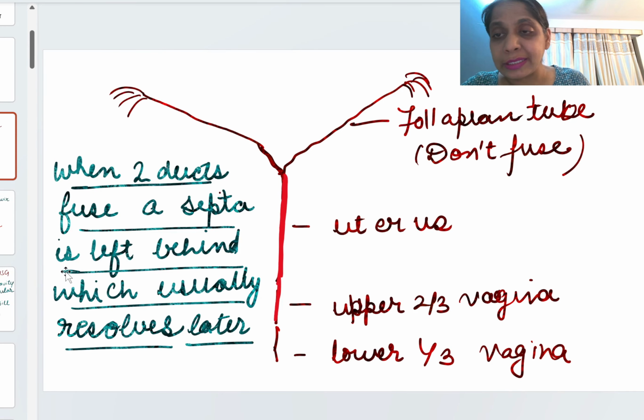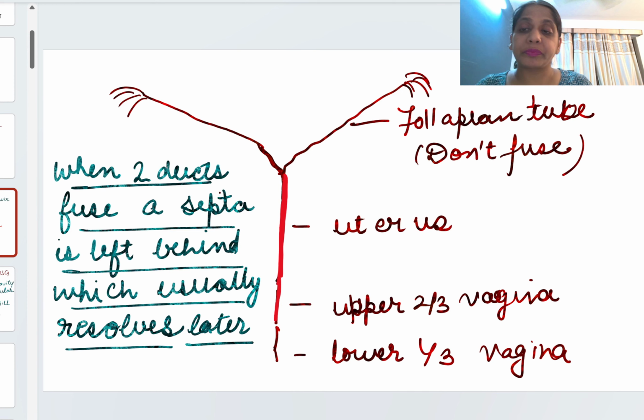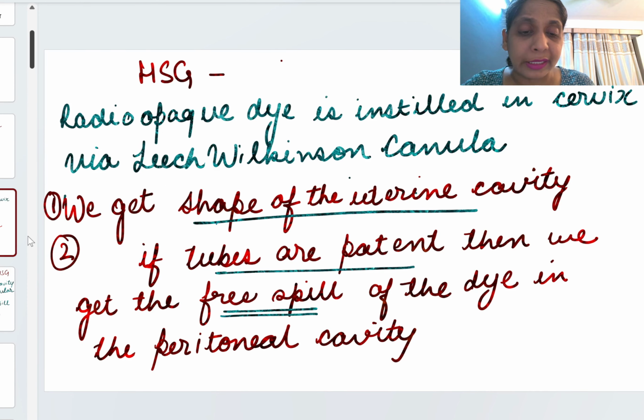Now let's see the anomalies. Before studying the anomaly, let us study HSG. What we do in HSG, with the help of the Leech-Wilkinson cannula. All these images of the Leech-Wilkinson cannula and the other images which will be coming in this session are on my Telegram channel.